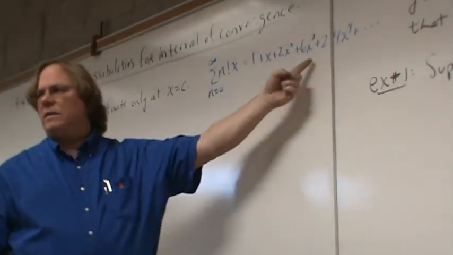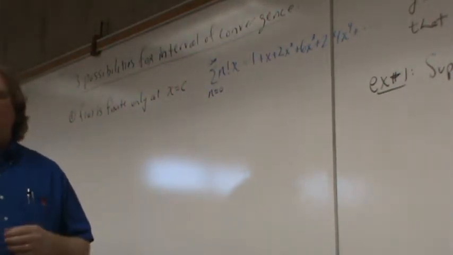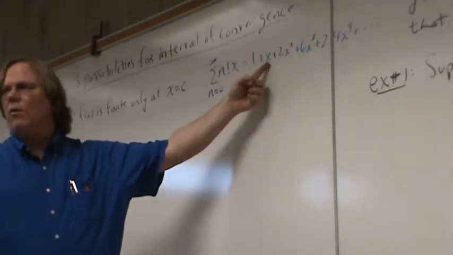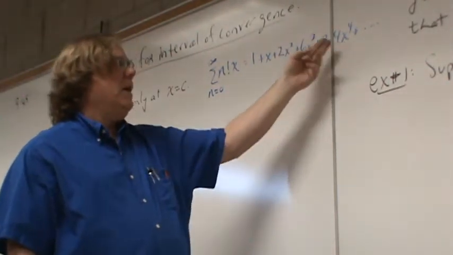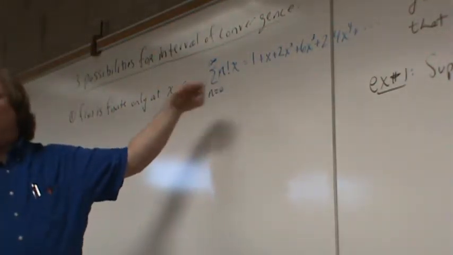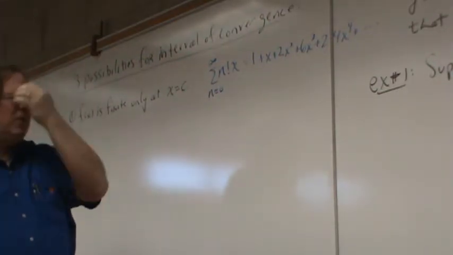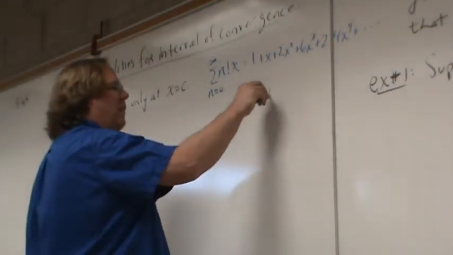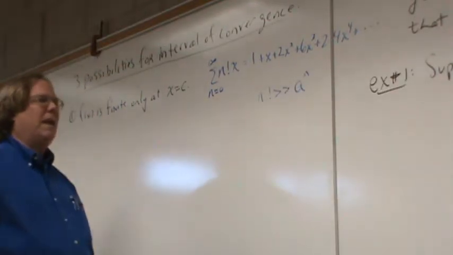This converges for x equals 0, right? You stick in a 0, you get 1. But any other x you put in, you're going to get infinity. Because even if you put in an x of 0.01, right? 0.01, 0.01 squared, 0.01 to the third, 0.01 to the fourth, that coefficient, since it's n factorial, and n factorial is infinitely bigger than any number to the n power, no matter what that number is.